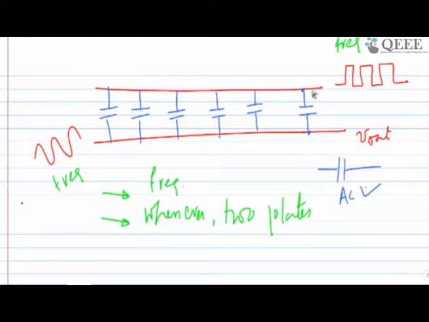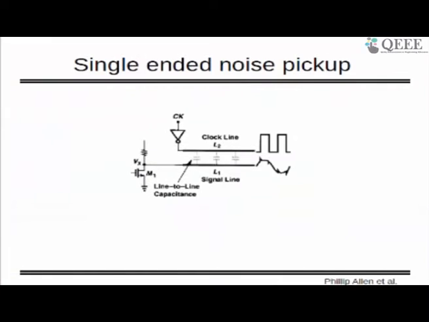These were unwanted. So keep in mind that these are unwanted and these are parasitics to my circuit. So let's name them parasitic capacitances, and they are going to disturb us. The same thing I have taken from the book, where two signals are coming, and because of this line-to-line capacitance, these are the parasitics.